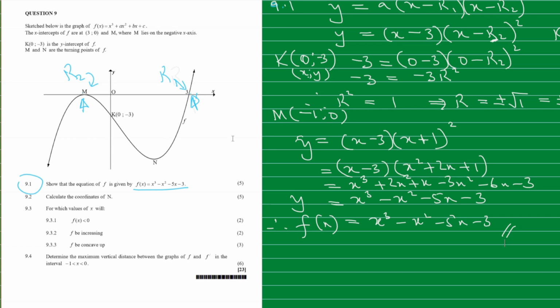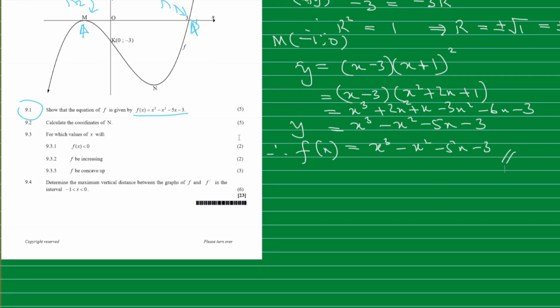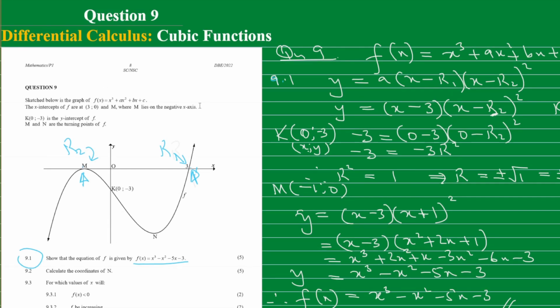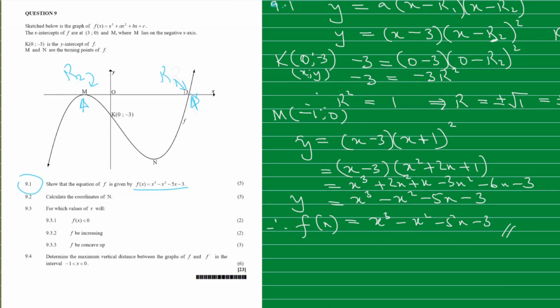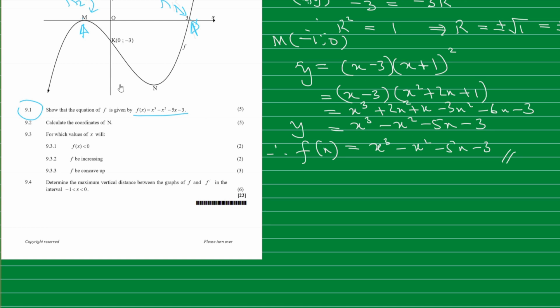Now we are required to calculate the coordinates of n. So n is a turning point, and that is where the calculus part, the differentiation part, will come in. At the stationary point, the derivative of f of x is equal to 0.